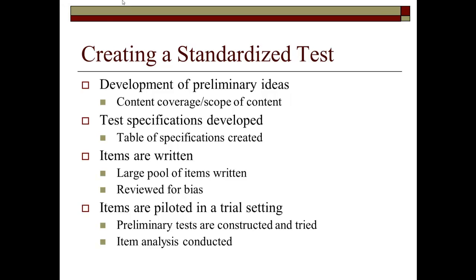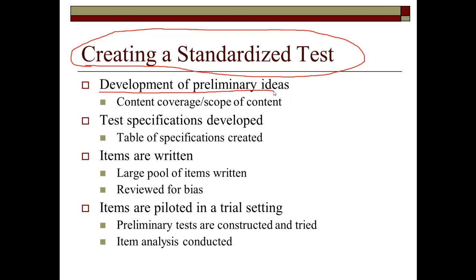Now, if you and I would one of these days want to create a standardized test, these are some things that we would have to consider. We'd have to go and develop some preliminary ideas, which basically covers the scope and sequence of our content.